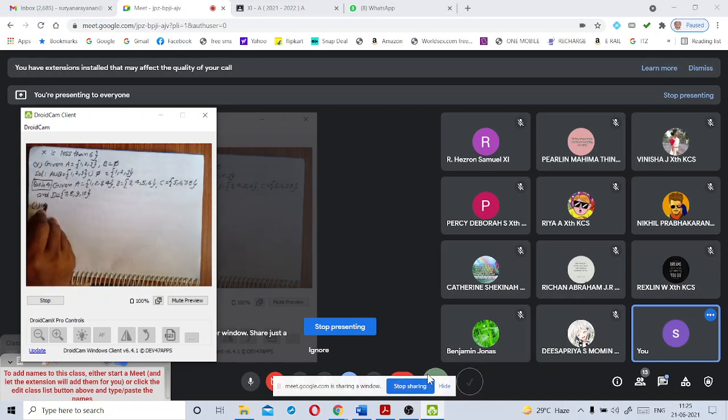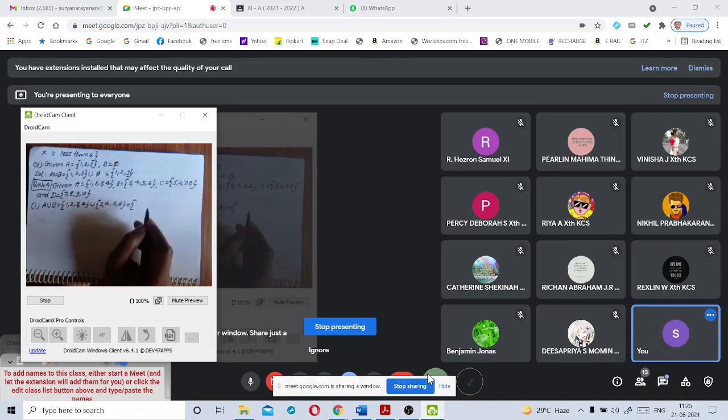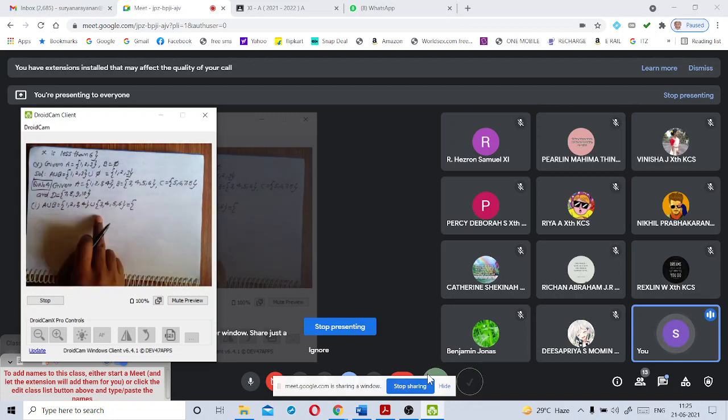How do you find A union B? We write the elements of the first set {1, 2, 3, 4} union set B, which is equal to {3, 4, 5, 6}. Can you tell me A union B? Any one of you?